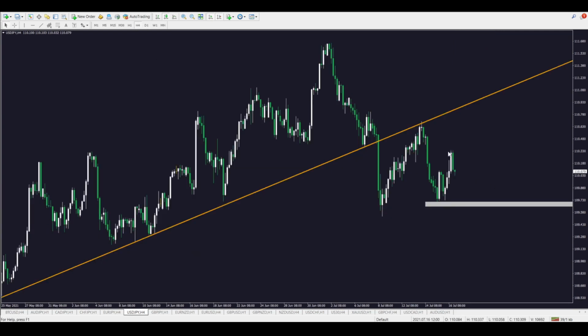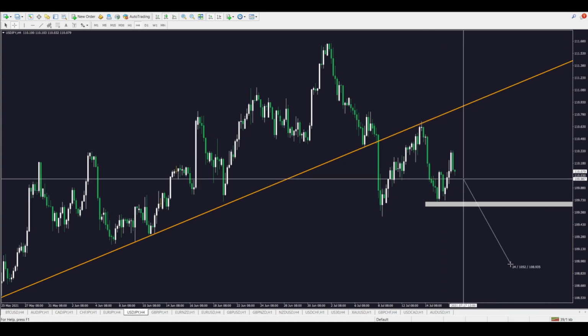So H4 for me, on UJ, I'm only interested in the break of the low, which should mean that the bearish trend would continue. All right. So at this point, let's say I get a break below this area without price going above this point, I would take the sell, right?